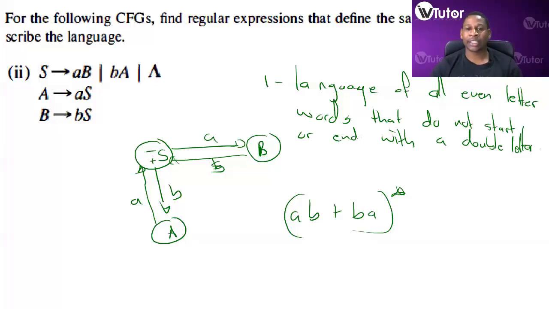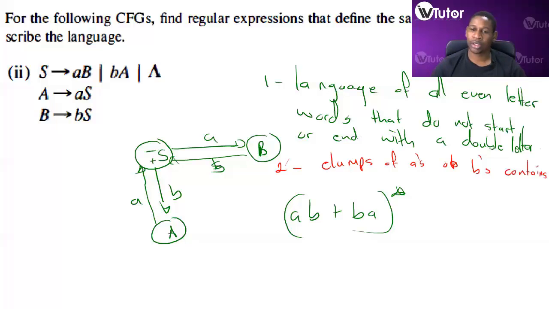Right? The other restriction that I can see is that clumps of A's or B's contain at most two elements.